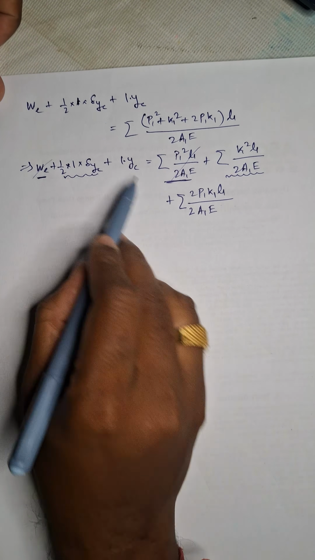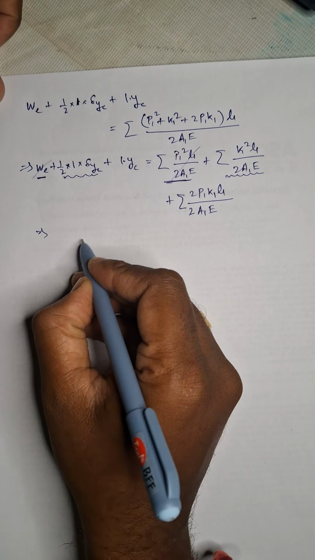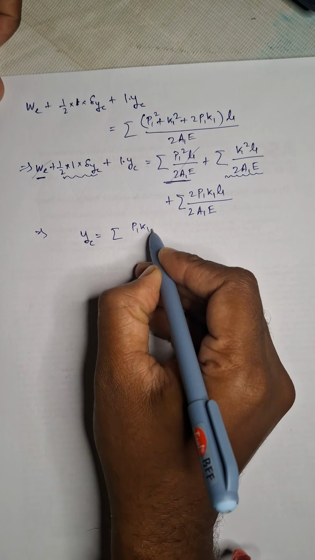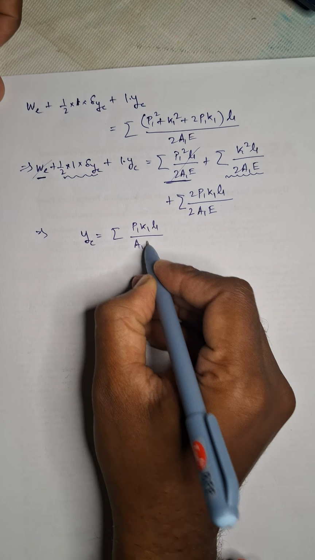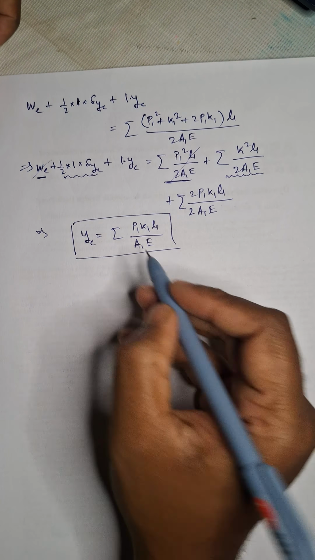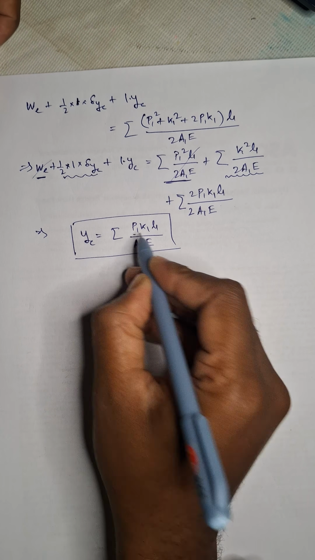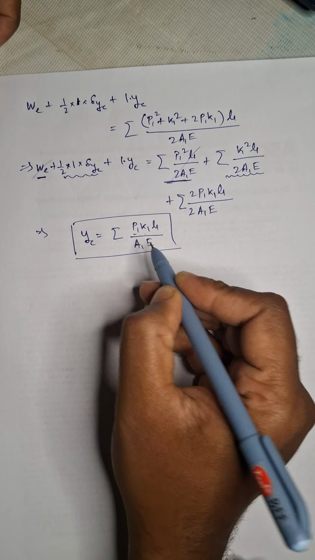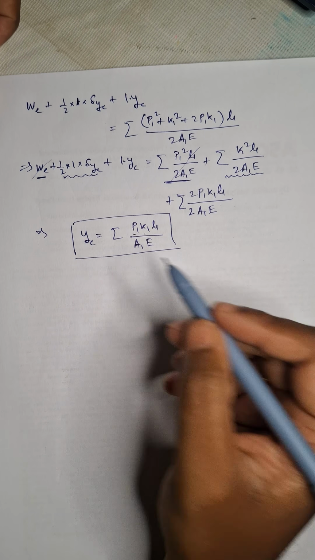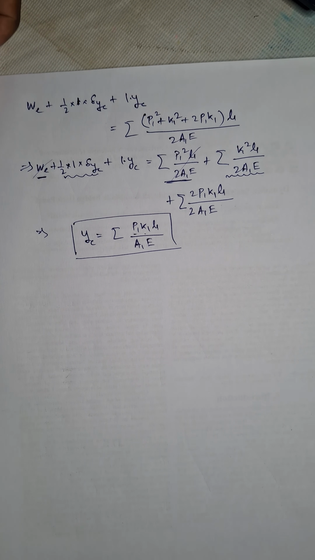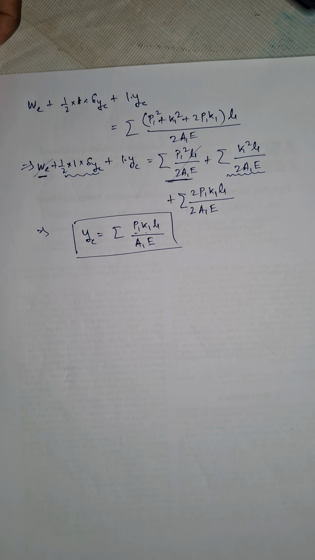So from this we get the yc value: yc will be equal to summation of P1 K1 L1 divided by A1E. So if we know the P1 due to the external loading system and K1, the member force due to the unit force, then finding the deflection at any joint of a truss is very easy. So we are going to apply this formula to a problem and solve this problem.